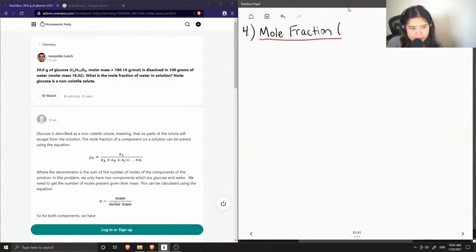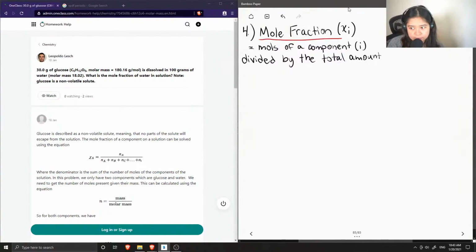A mole fraction can be denoted as X of i, and it tells us the moles of a component, so in this case, let's say component i, divided by the total amount of moles in the mixture.